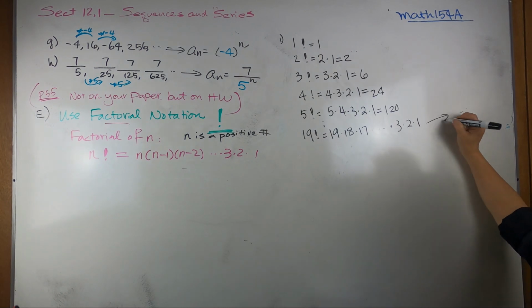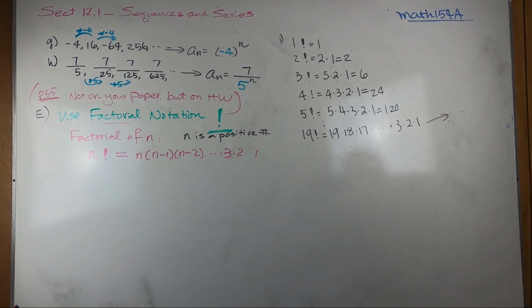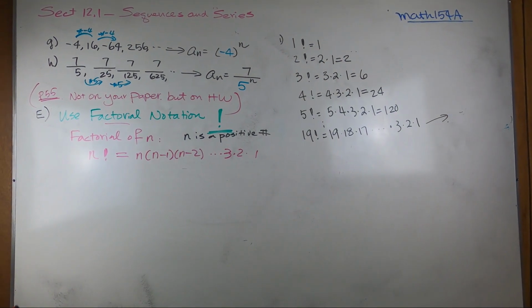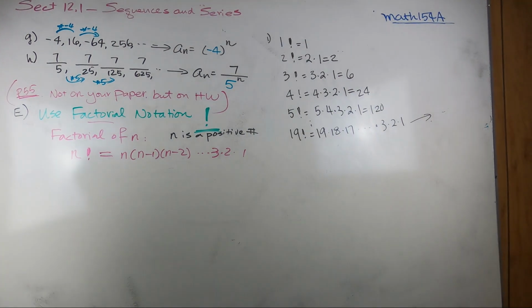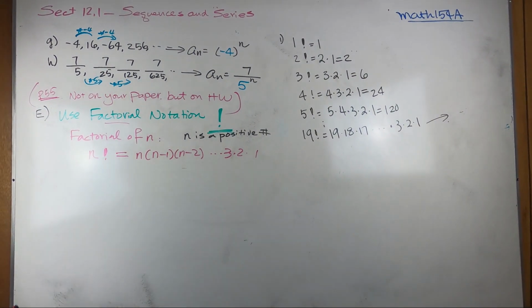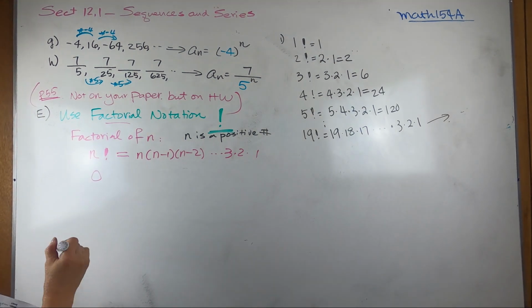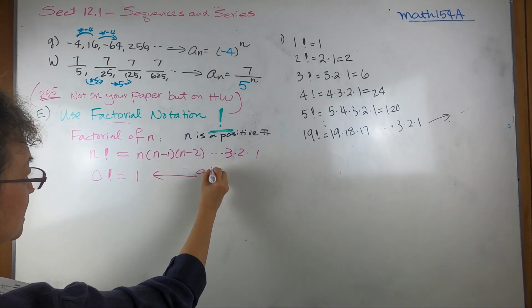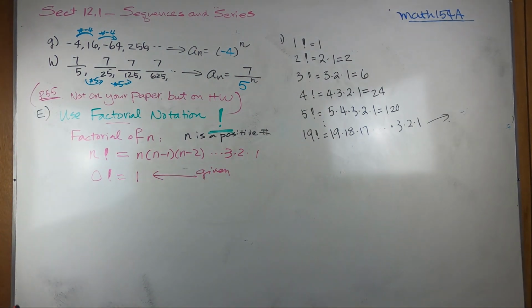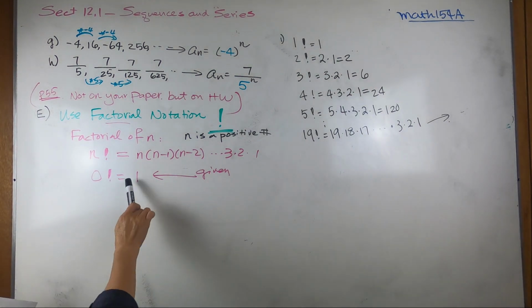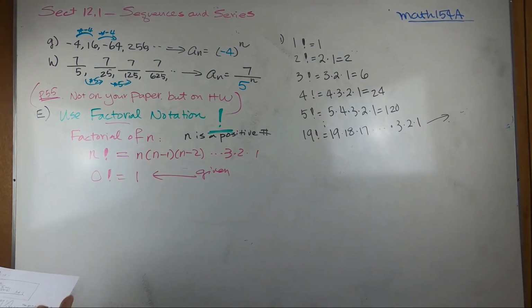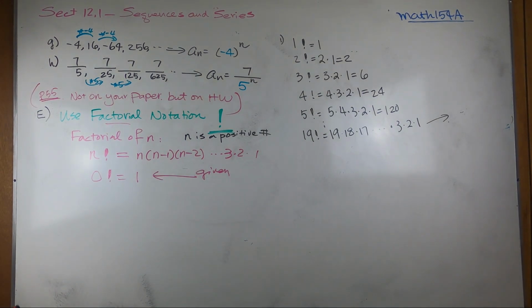Then you can find the answer this way. That's the simple meaning. Then we have another one, which is given to you: 0 factorial is 1. This one is given for a reason. Because you end up with 1, you stop at 1. So you see some examples that way.